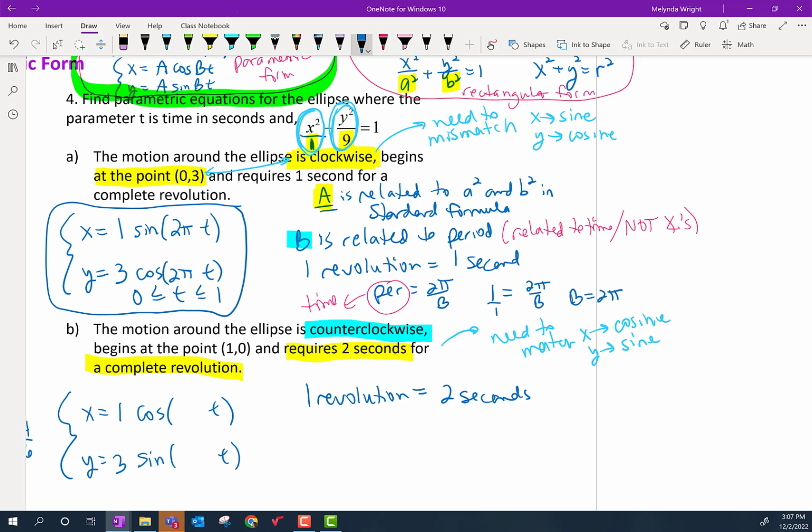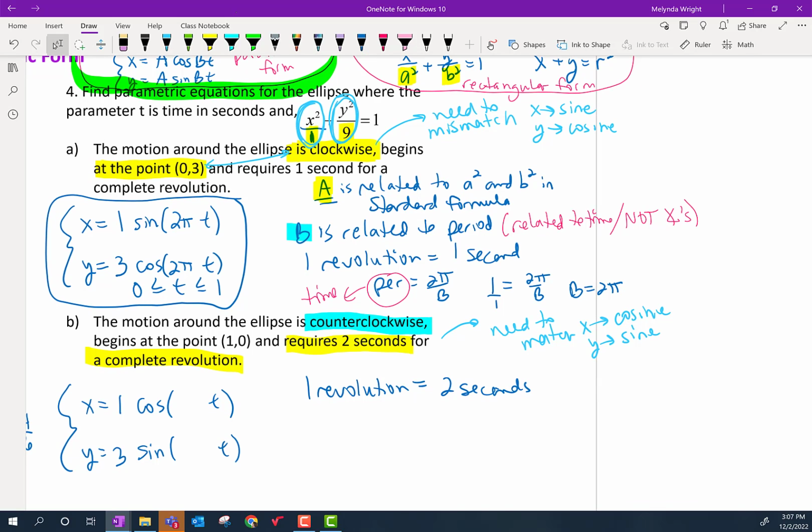It takes 2 seconds. Okay, so period equals 2 pi over b. So 2 equals 2 pi over b. I'm going to cross multiply. 2b equals 2 pi. So b is pi. That should ring some bells from previous.